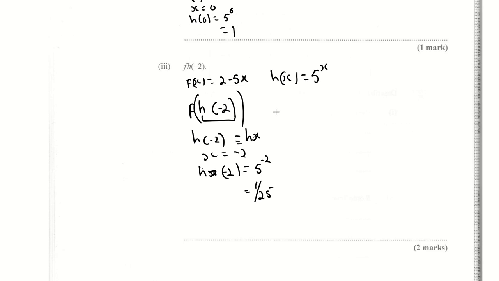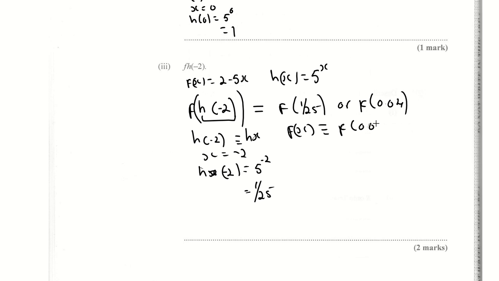Alright? So therefore, instead of putting h of minus 2, you're going to put the solution, which is 1 over 25, or you could put f of 0.04. Alright? So f of x equated with f of 0.04. We can see that x is equal to 0.04. Right?